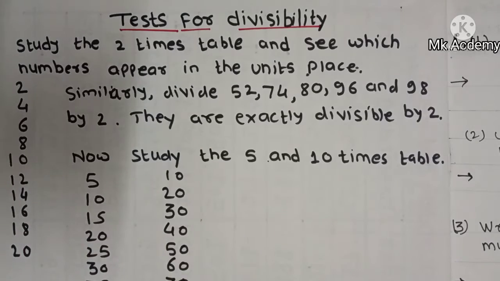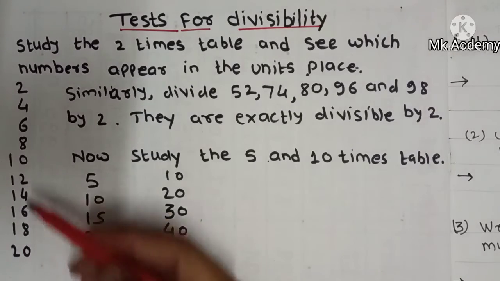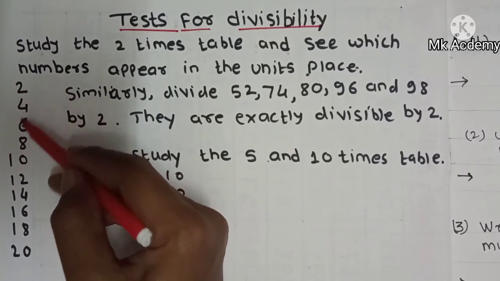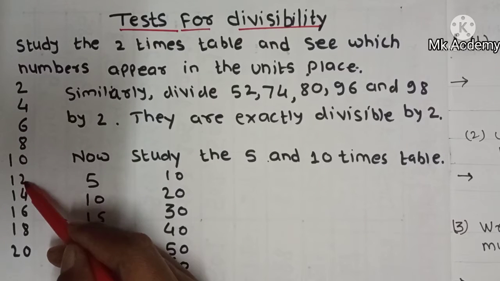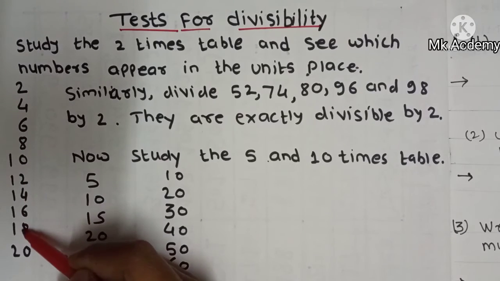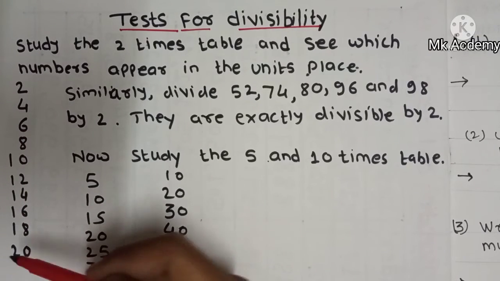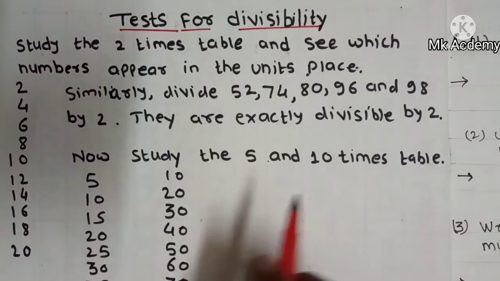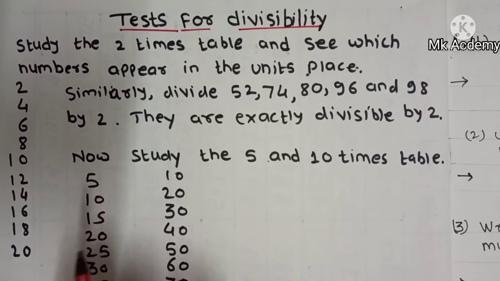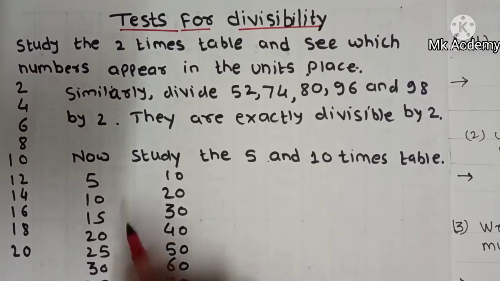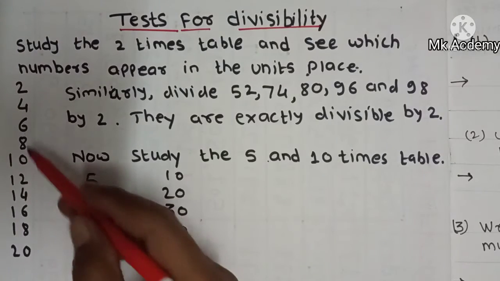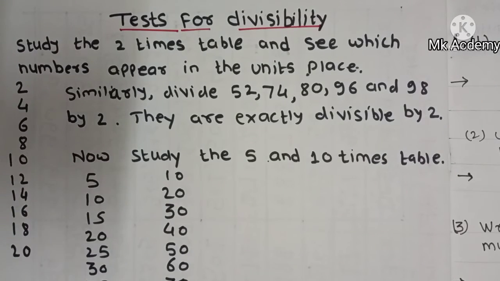In the 2 times table at the unit place we can see 2 4 6 8 0, then again it repeats 2 4 6 8 0. It means the number is divisible by 2 when the unit place is 2, 4, 6, 8 and 0.